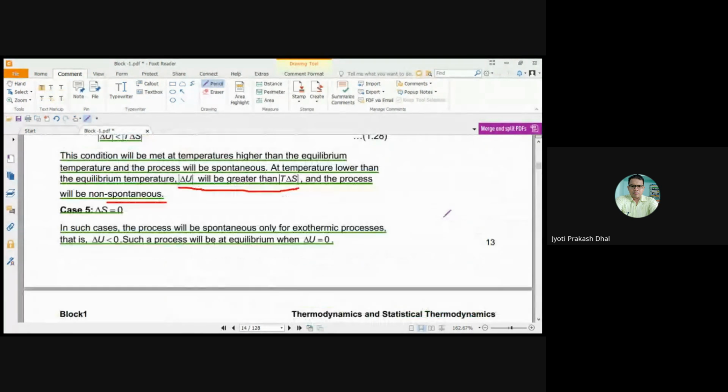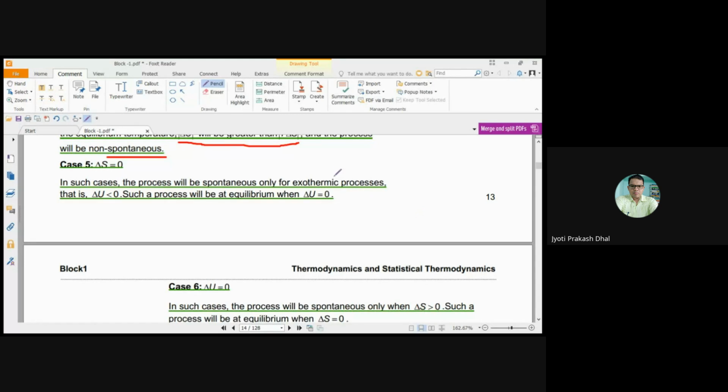And in that condition, if the process is exothermic, meaning energy is released from the system, then the internal energy of the system will decrease. So del U is less than 0, and in that condition the process will be spontaneous. But if there is no change in internal energy of the system, the process will be at equilibrium.